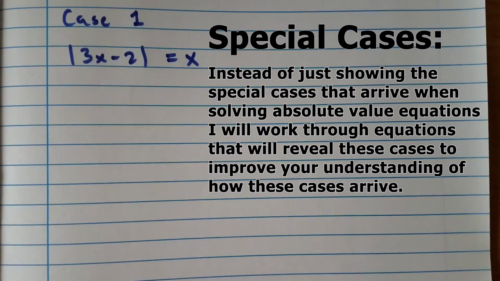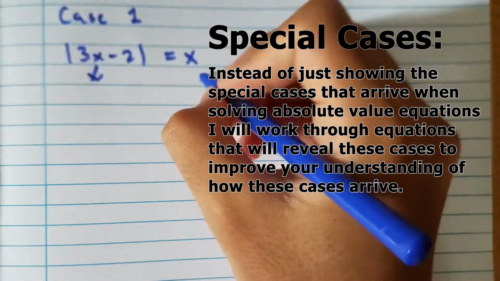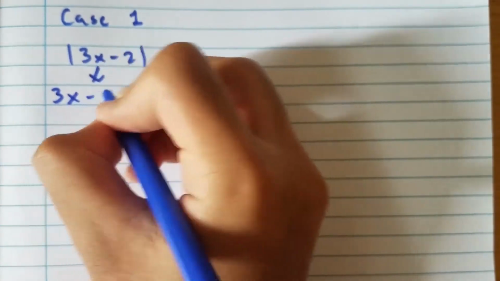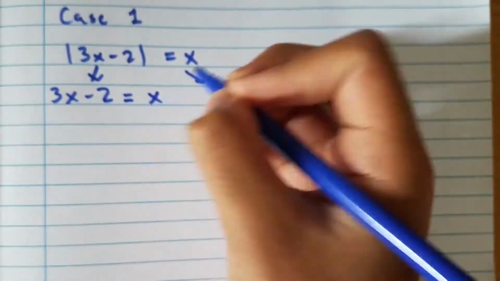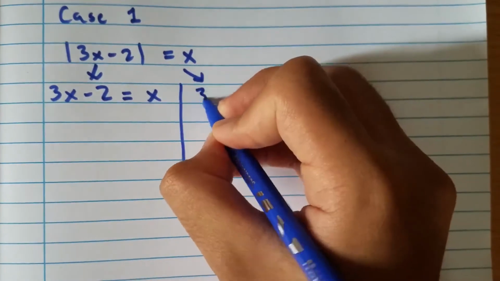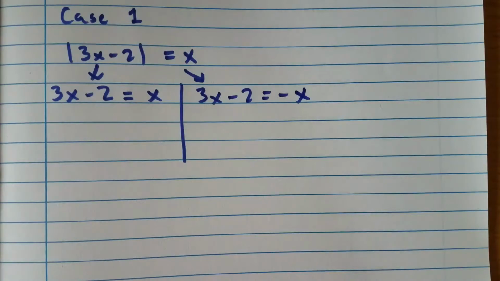Here I have case 1, which says that the absolute value of 3x minus 2 equals x. Using the property of absolute value equations, we know that we can write this absolute value equation as two separate equations, which give that 3x minus 2 equals positive x, and we also get that 3x minus 2 equals negative x. And then we just solve these two equations like linear equations.